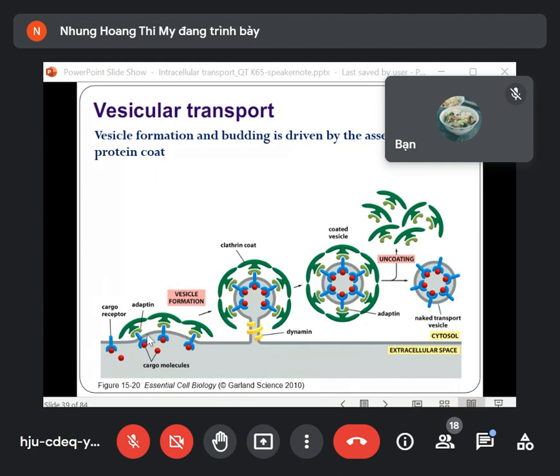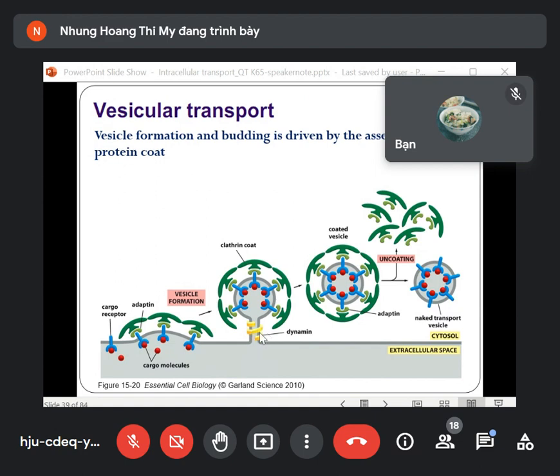So that means the membrane will be bent at this side and develop inward to the cytosol. And then they make a structure like a vesicle, as you can see at the next step here. So when the budding is finished, another protein named dynamin comes in.